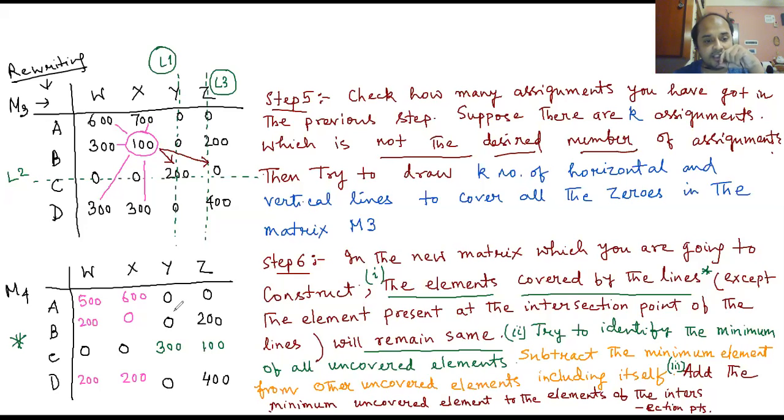The same scenario is happening over here. Some elements were 0, some were non-zero. These elements are becoming 0 in this new matrix, and some elements that were 0 are getting a non-zero value in the new matrix. So something like modified distribution is happening over here.